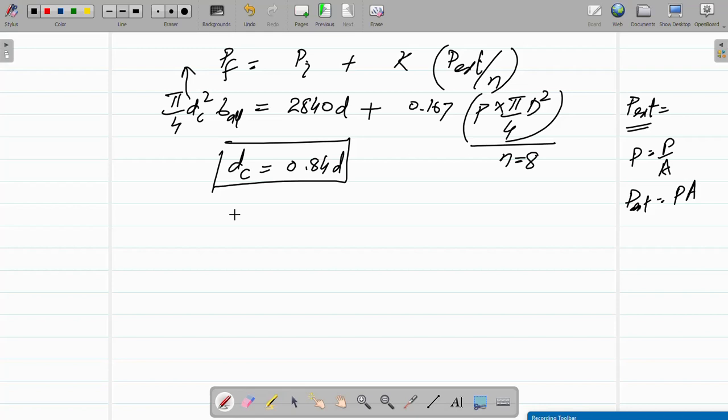If you replace dc by D, the answer will be in nominal diameter. It's the same, no problem. So I just replace D by dc. Just put the value here. So pi by 4 dc square sigma allowable equals 2840 times 0.84.